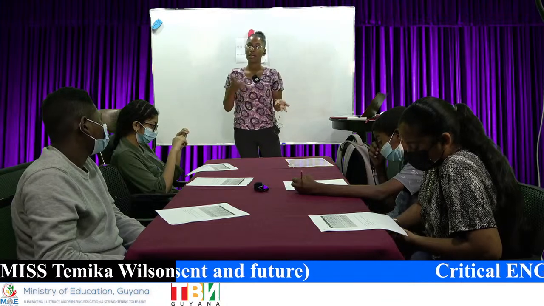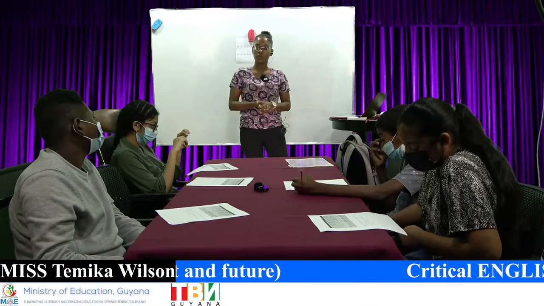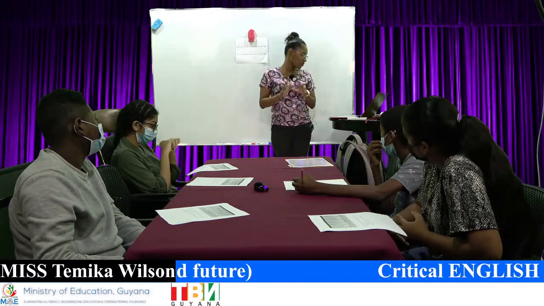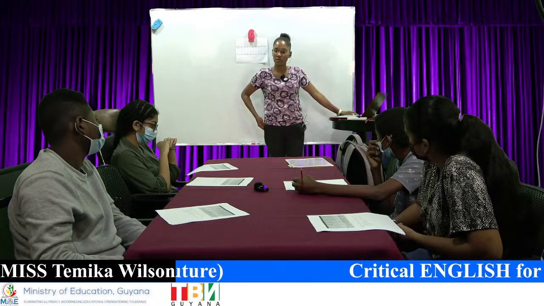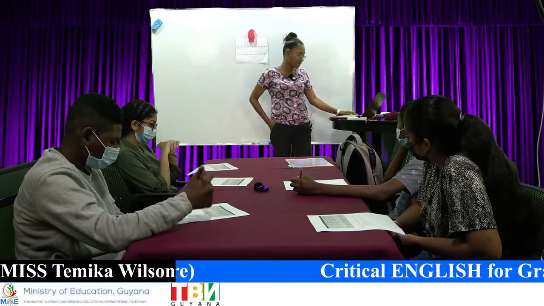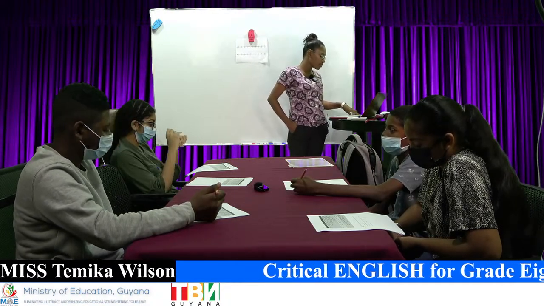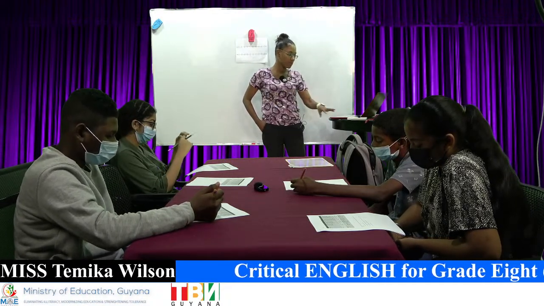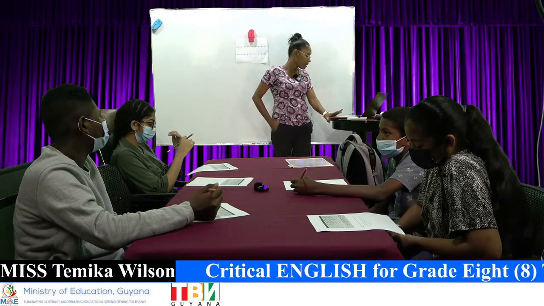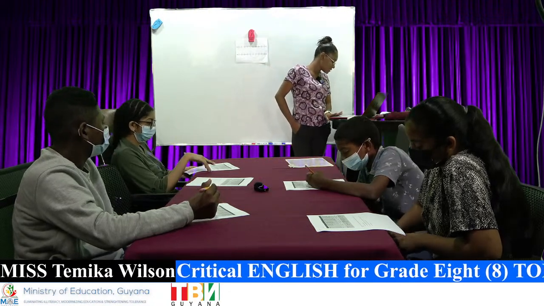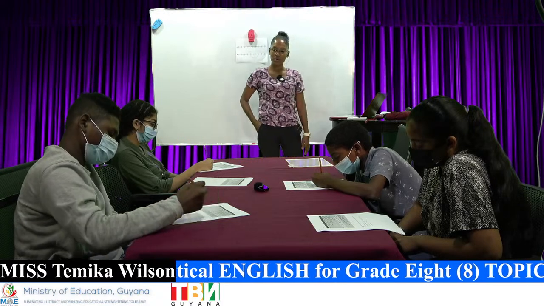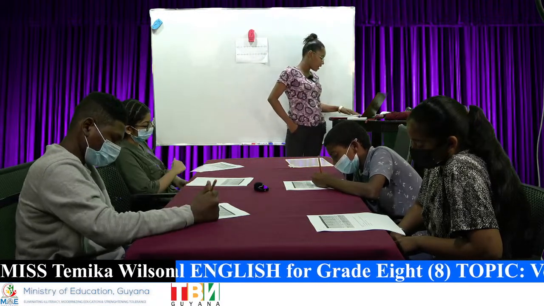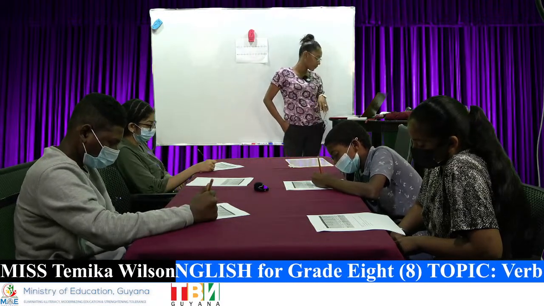We also looked at linking verbs and helping verbs. So we're looking at the verb. Anyone else want to help Jacoby? Yes, Shamar, go ahead. We're walking. Yes, correct. And what tense would that be? Past continuous. Yes, correct. Were walking.